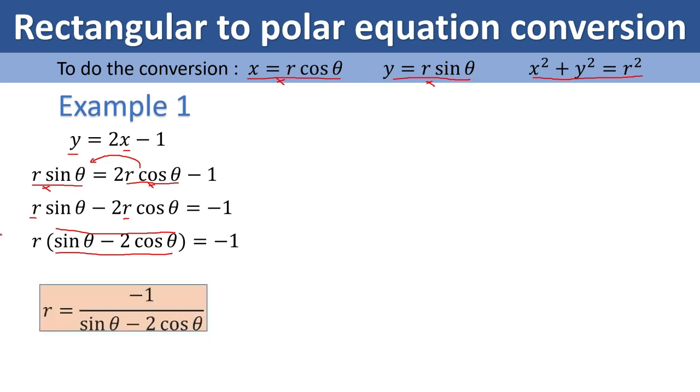And when you divide, you have r equals -1 over sine of theta minus 2 cosine of theta. This is the representation of the line y equals 2x minus 1 in the polar coordinate system.